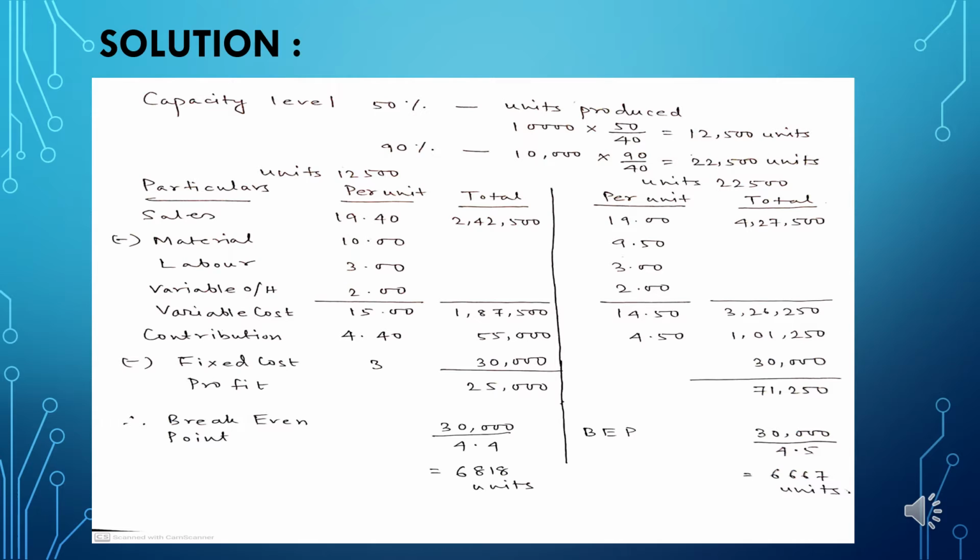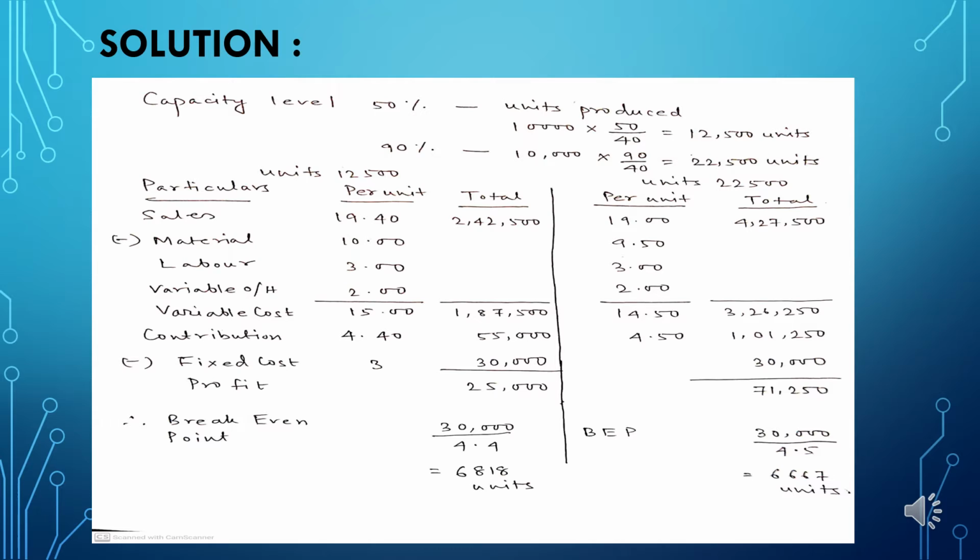Now we need to find out the profit as well as the break-even point for both capacities. Let us come back initially to the calculation of profit and break-even point for the 50% capacity, where our units produced have increased from 10,000 to 12,500.